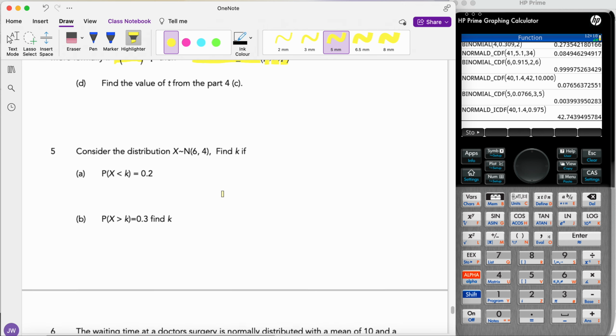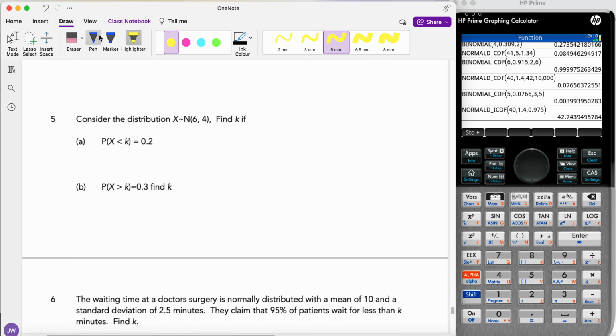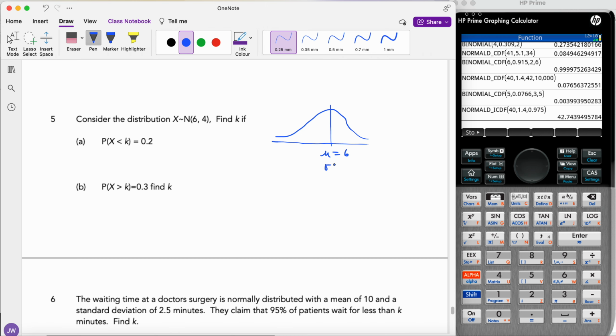Okay, let's do question 5. Okay then, alrighty. So now we have this distribution, and then our standard is 2, because remember this is the variance, right? And what we need is the k so that the probability that it's less than k is 0.2. So it's going to be somewhere here, right? You're only interested in covering 20% of the area. Good, let's do that.